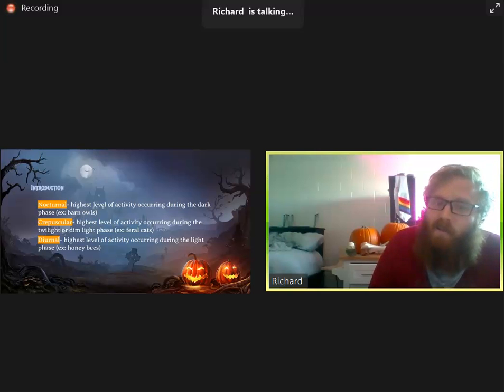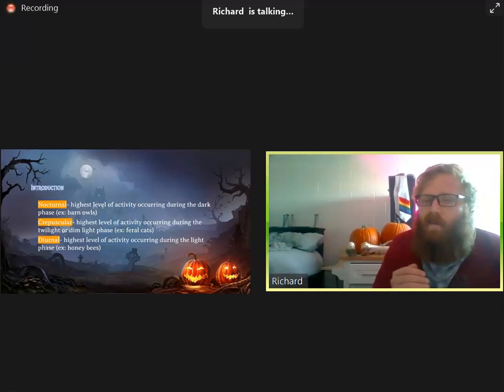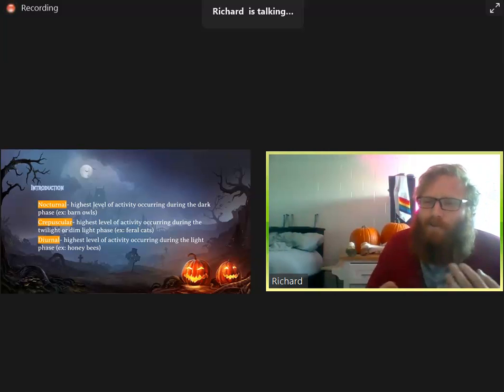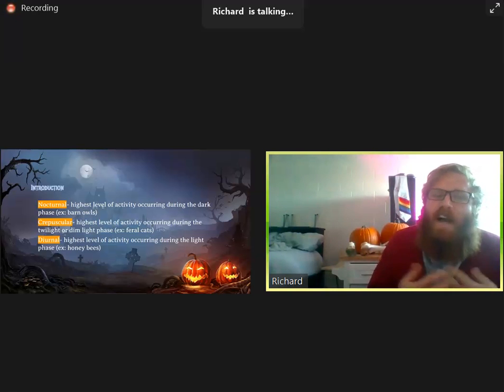Then crepuscular, they have the highest level of activity occurring during the twilight or dim light phase. An example of this is feral cats. They're really active at sunrise and sunset. Also nocturnal, so it bleeds in. Some of these definitions bleed into each other. And then diurnal, which would be the highest activity occurring during the light phase. And a good example of this is western honeybees.